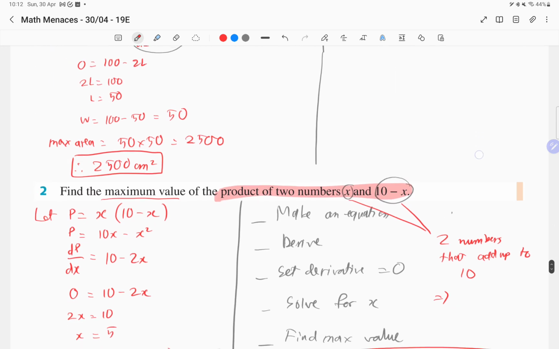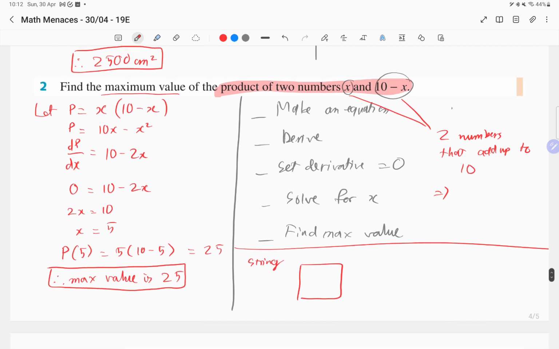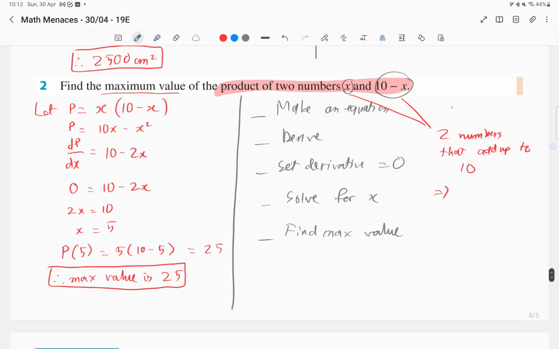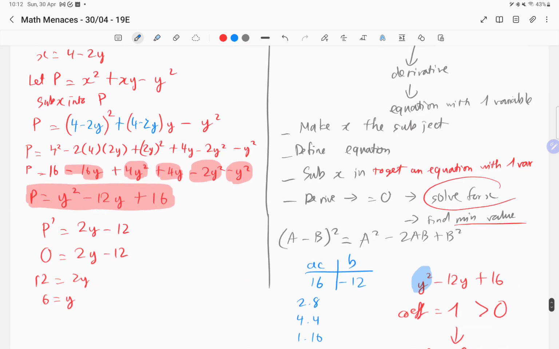If you were to look back at this one here, 10x minus x squared. Sarah, what's the coefficient of x squared? Negative 1. Yes, that's right. So this one has a coefficient which is negative 1, and that is less than 0. Therefore, this is a concave down quadratic. Okay, so you look at the coefficient of x squared in order to tell whether it's concave up or down.